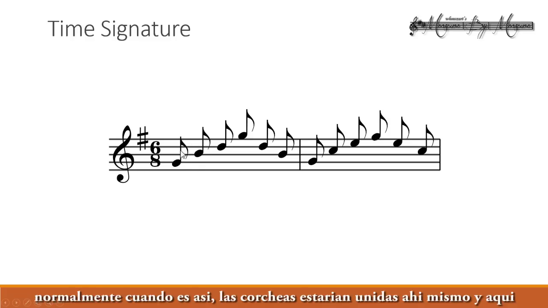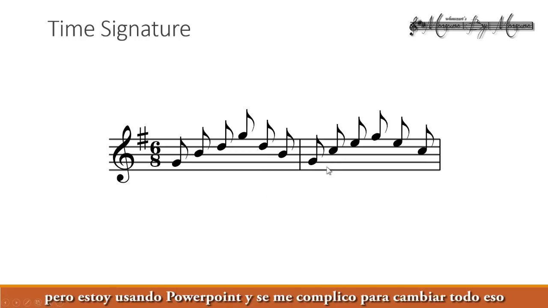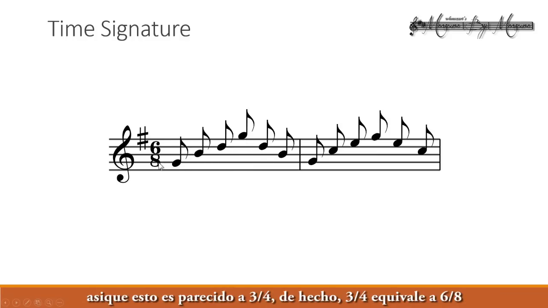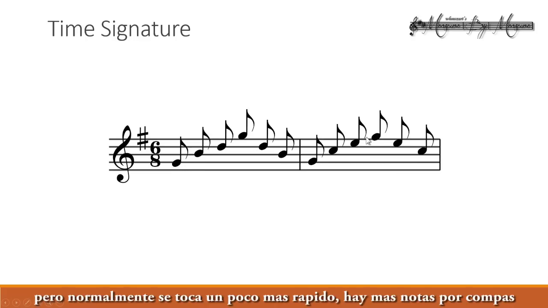Usually when it's like this, the 8th notes are joined right there and then right here to make it visually more clean, but I'm doing a PowerPoint presentation and it got too complicated to change that whole thing. So this is kind of like a 3/4, you know. 3/4 is actually equivalent to 6/8, but it's usually played a little faster.